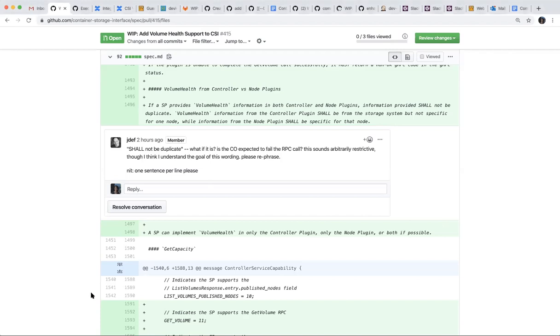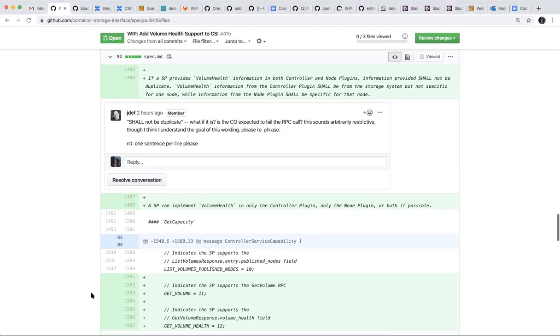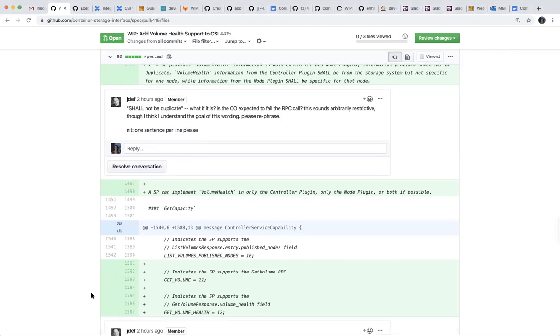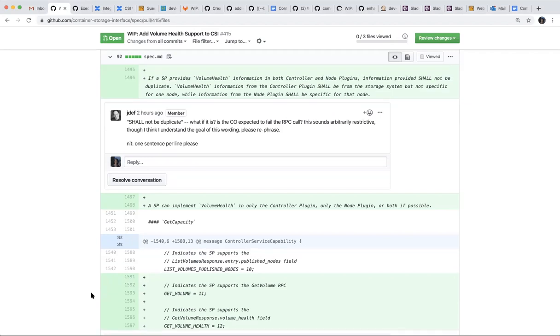If those recovery mechanisms don't exist yet in any CO, and this is something we're introducing into CSI to create this data channel so that we can start to build those recovery mechanisms, it feels too early to make any statements about what the CO is going to do with this, because probably in the initial go round the CO is just going to report it, and that's it.